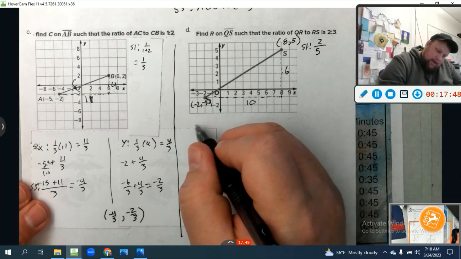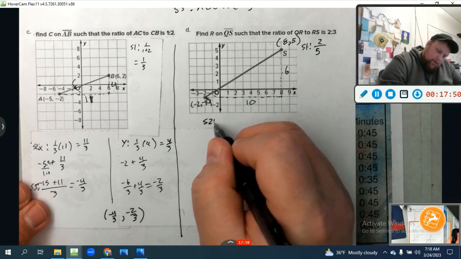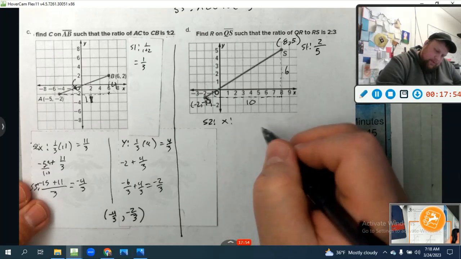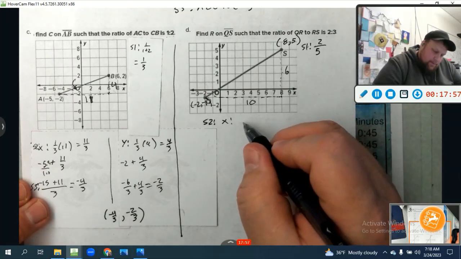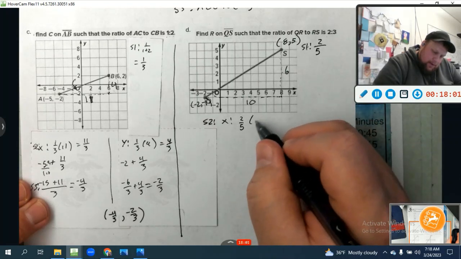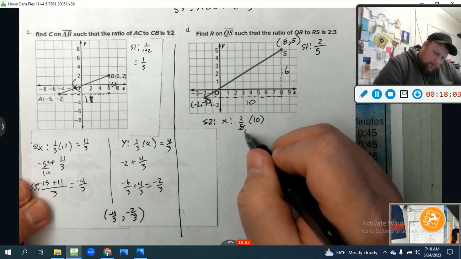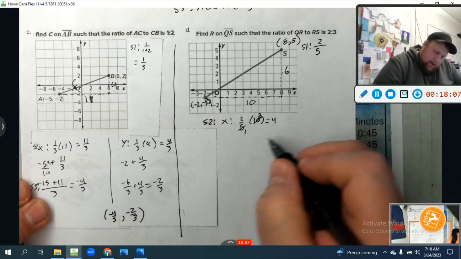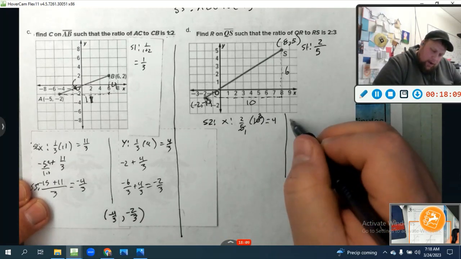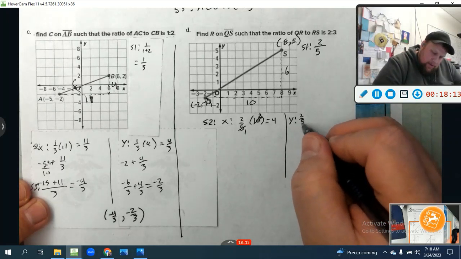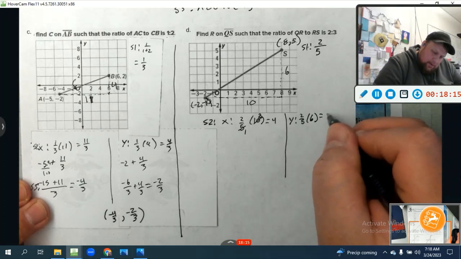Okay? So let's do this. So this is my step 2 for x. I'm going to have what? 2/5 times the x distance of 10. Perfect. Which 5 goes in there twice. It's going to equal 4. For my y, I'm going to have 2/5 times 6, which is 12/5.